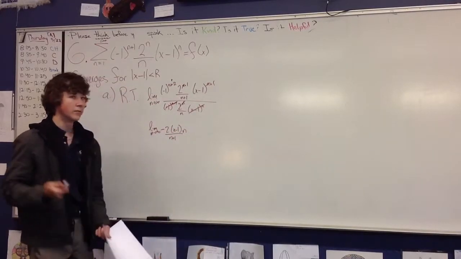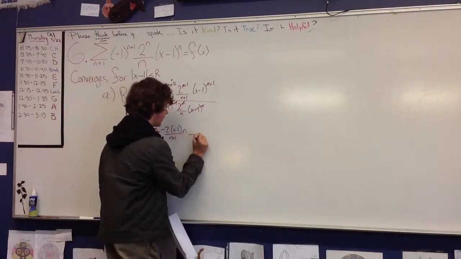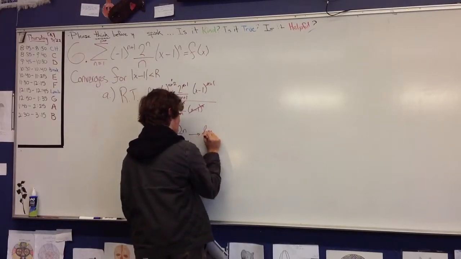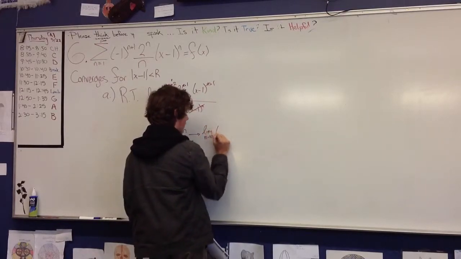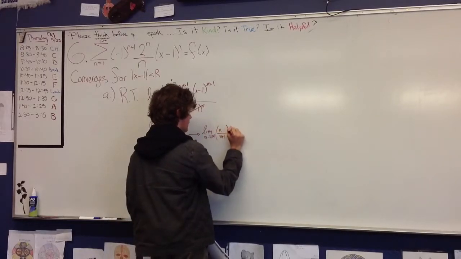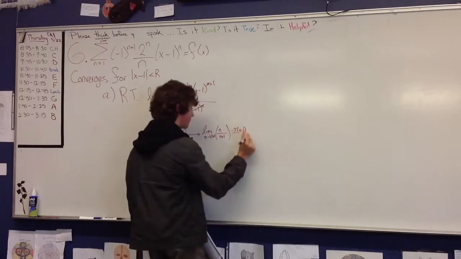So from here we can immediately take the limit. We get the limit as n approaches infinity of n over n plus 1 times negative 2 times x minus 1.